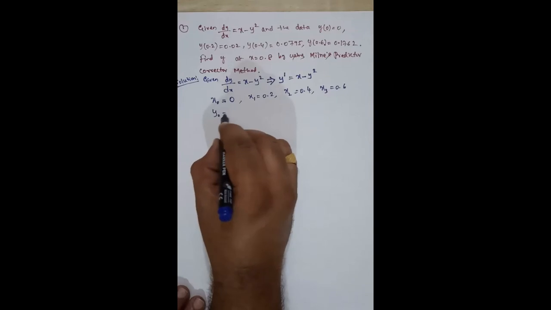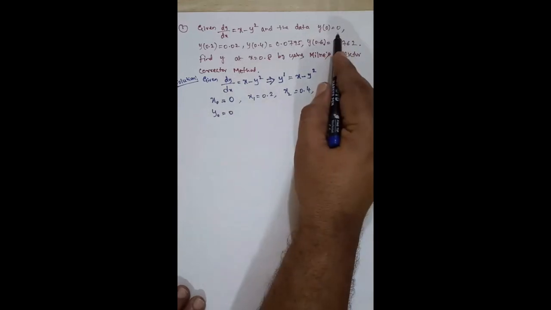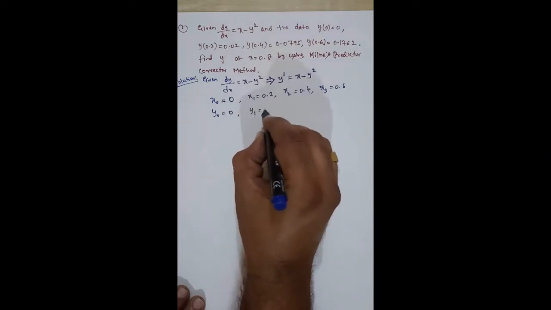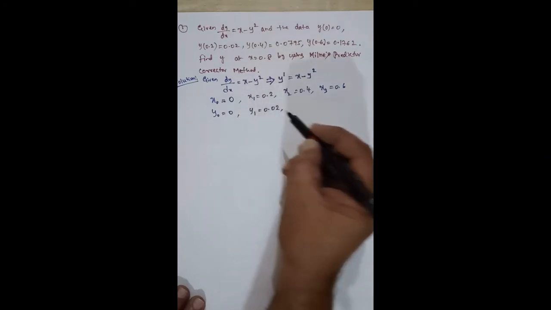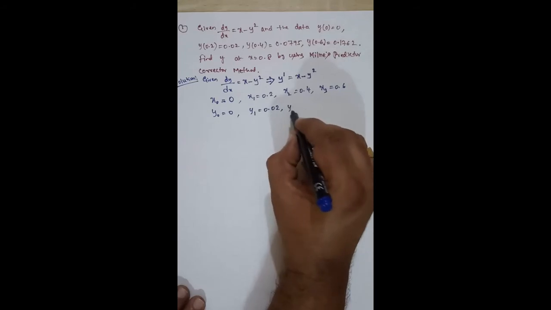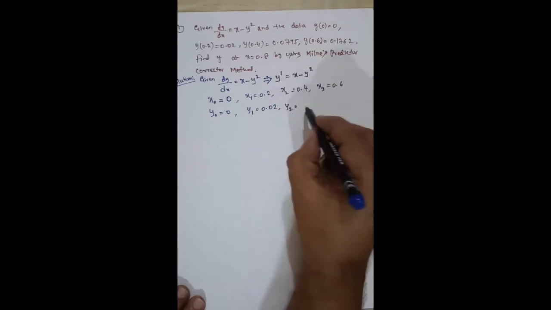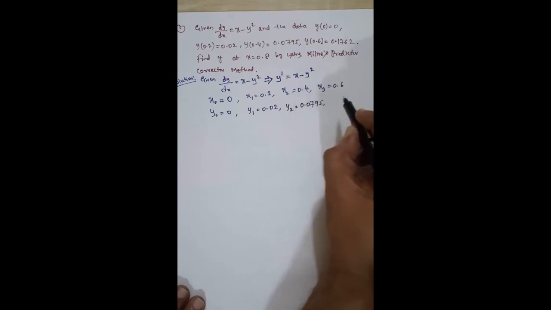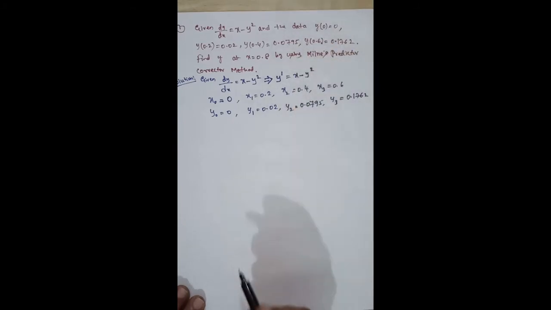So you know y0 is 0, this one. Next y1 is 0.02. Next y2 is equal to 0.0795 and y3 is 0.1762. So these values are written once again.